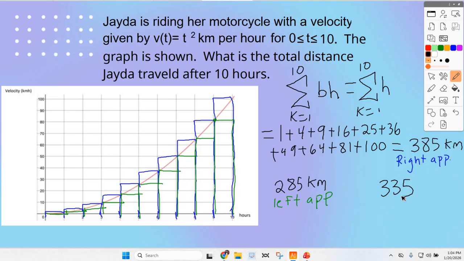Now, for this particular graph, which of those 3 would have been the most accurate? The midpoint, right? And that's because we are constantly increasing. Yes? So notice that all of my blues would have been an over approximation, all of our greens were an under approximation.